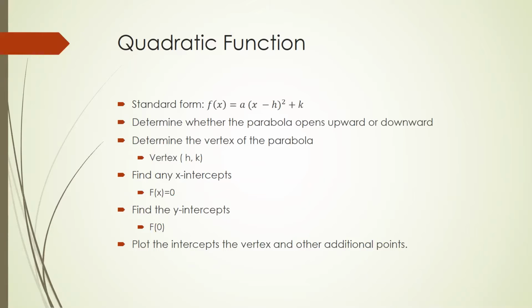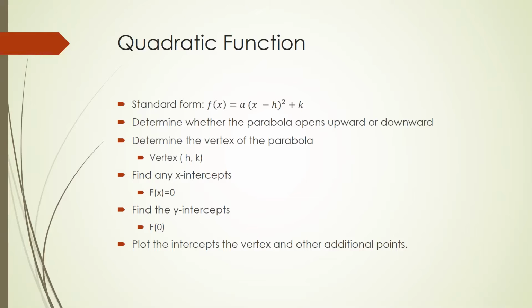quadratic functions that we have. The standard form is f of x equals a times (x minus h) squared, plus k. So in this standard form, we are working with the quadratic functions, and these are normally done with a parabola.